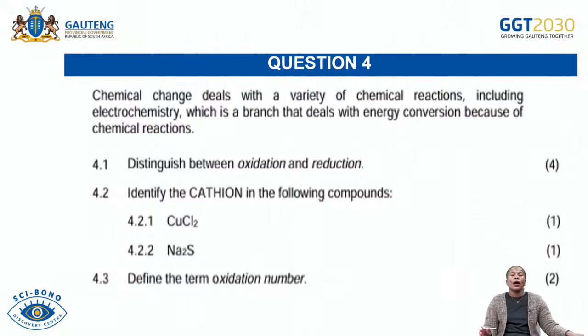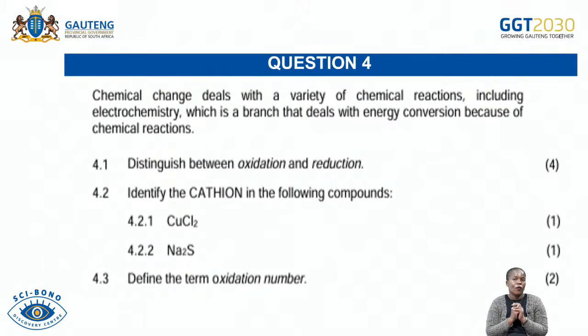Question 4 reads: chemical change deals with a variety of chemical reactions, including electrochemistry, which is a branch that deals with energy conversion because of chemical reactions. 4.1, distinguish between oxidation and reduction.